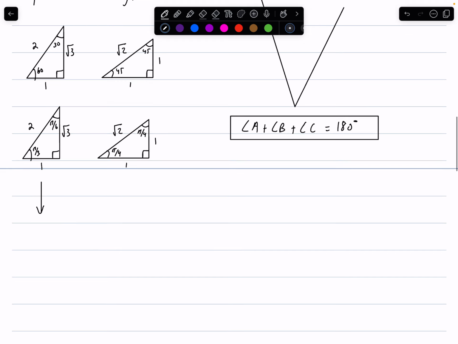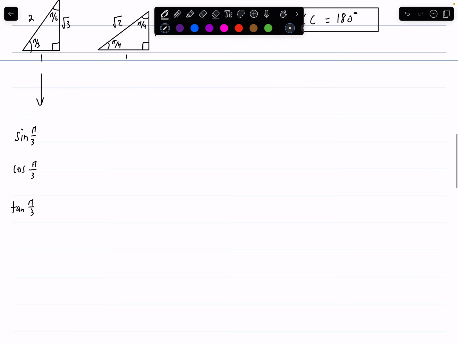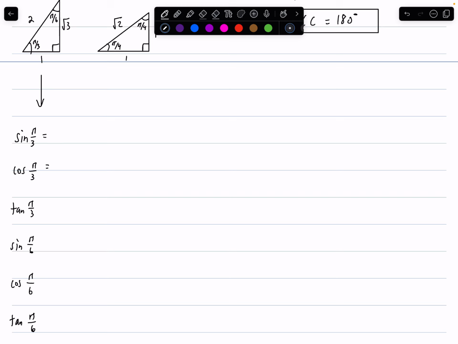So we're going to have sine pi over 3, cos pi over 3, and tan pi over 3. And then we're also going to have sine pi over 6, cos pi over 6, and tan pi over 6. Okay, so let's look at these ratios and find out what they are.